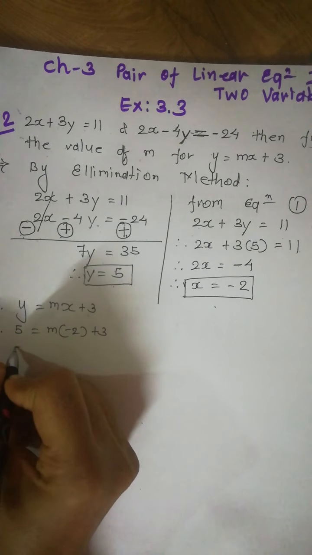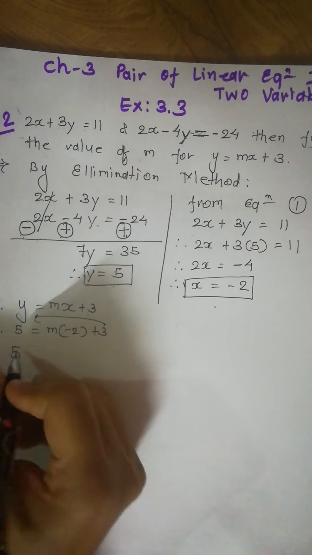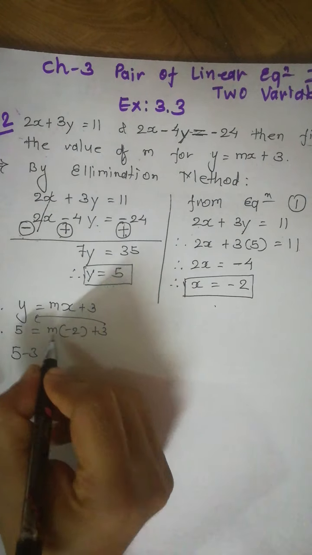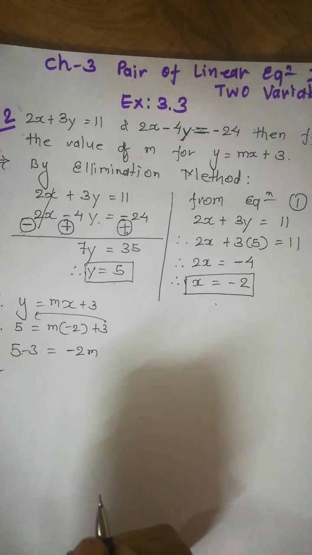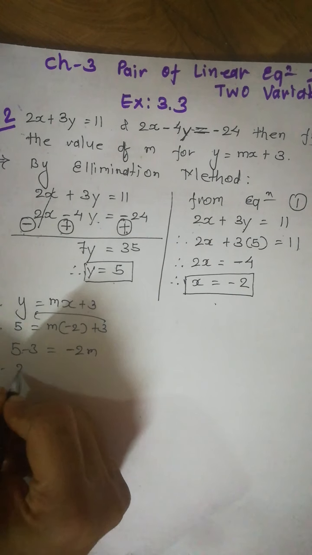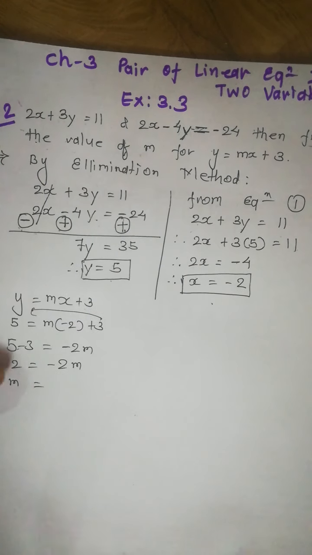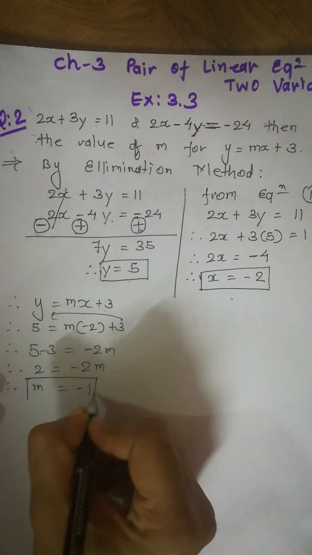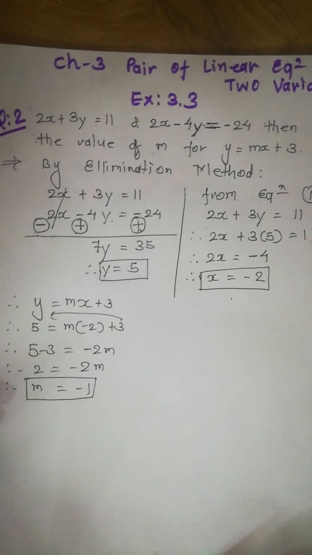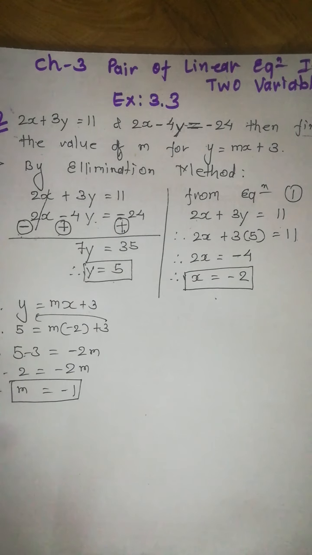Therefore 5 minus 3 is equal to minus 2m, so 2 is equal to minus 2m. Therefore m is equal to 2 divided by minus 2, that is minus 1. Finally we have the value of the other variable, m is equal to minus 1. So this is all about Question 2 and the elimination method.